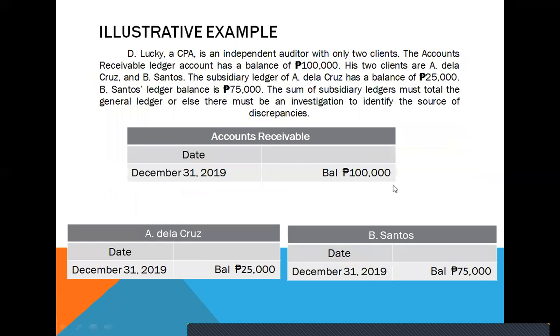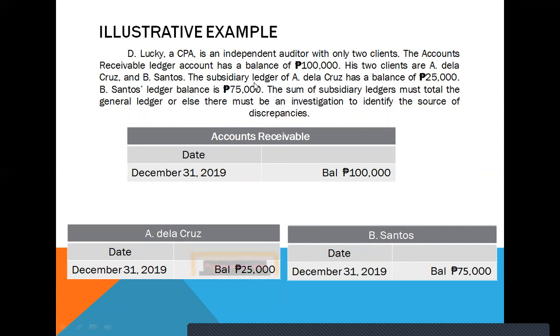Okay, so take a look at this example. D. Lucky, a CPA, is an independent auditor with only 2 clients. The accounts receivable ledger account has a balance of 100,000 pesos. So this is an example of an accounts receivable ledger. This is the general ledger for accounts receivable, with a balance of 100,000 pesos. His two clients are A. De la Cruz and B. Santos. This is the subsidiary ledger of client A. De la Cruz and client B. Santos.